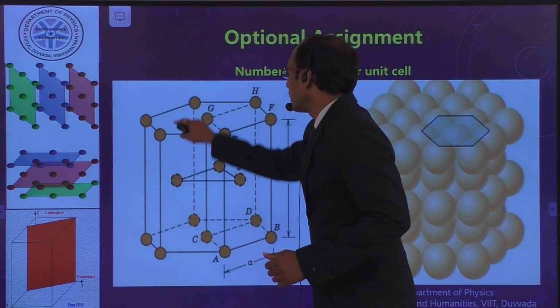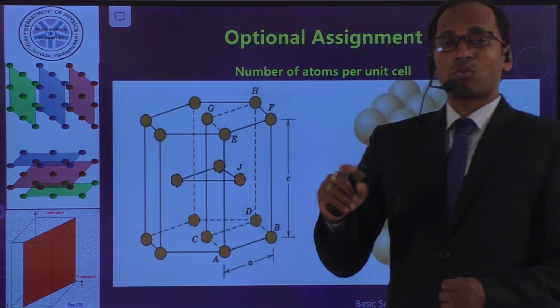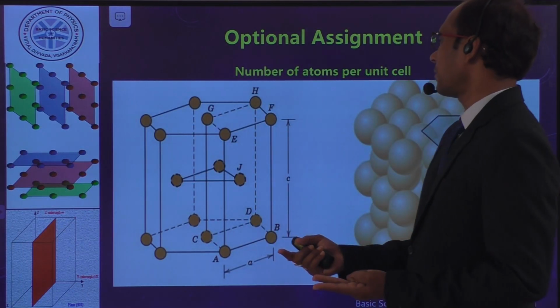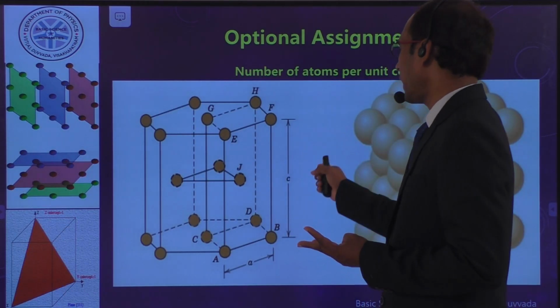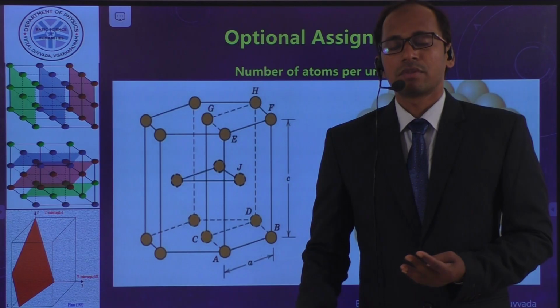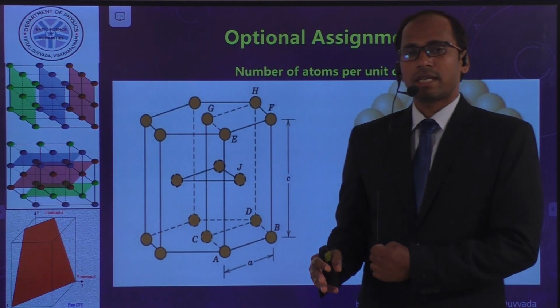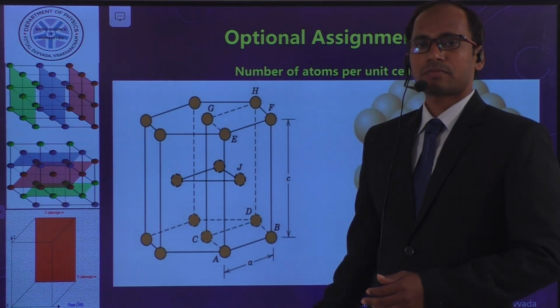On top 6 and bottom 6, so 12 corner atoms. 12 into 1 by 6 means 2. So 2 corner atoms, 3 inside the crystal, that means 5, plus 1 from face centered atoms, totally 6. So the number of atoms per unit cell is 6. Many of you have done this exercise. Those who have not, I am just repeating for them.